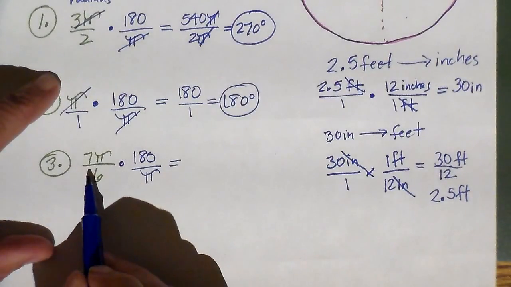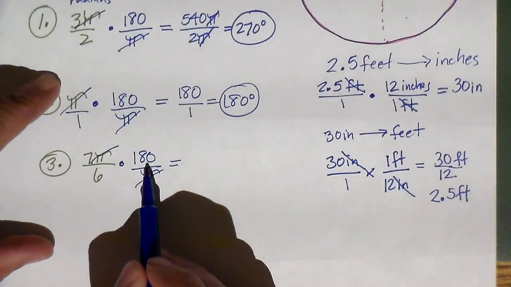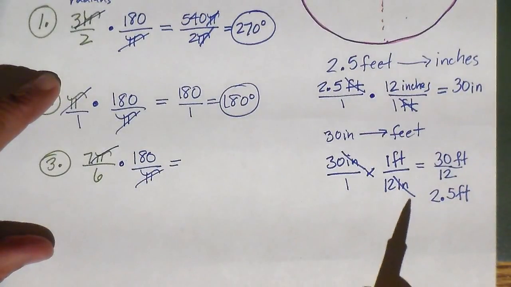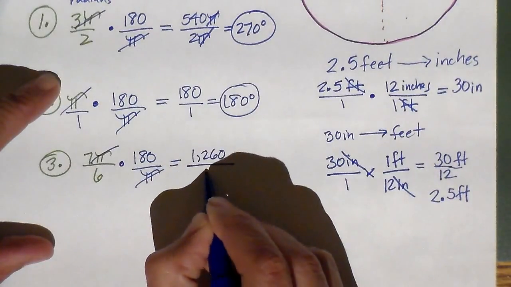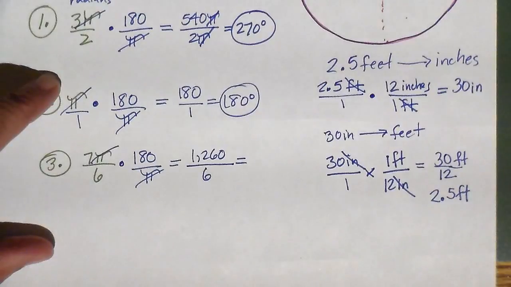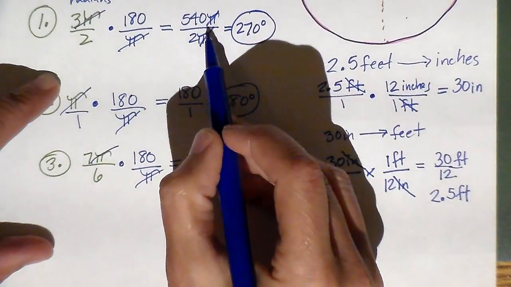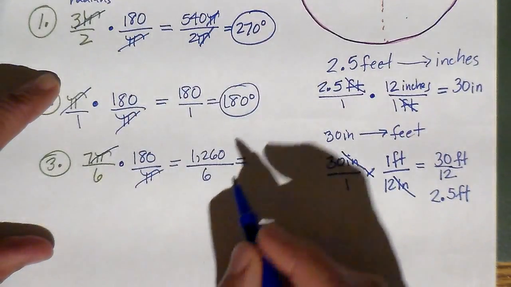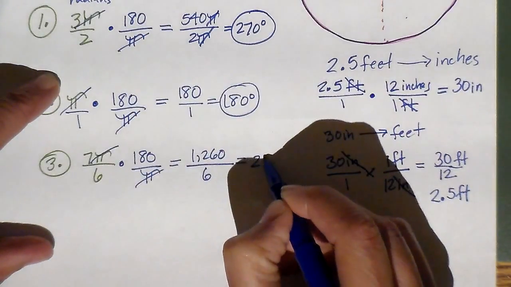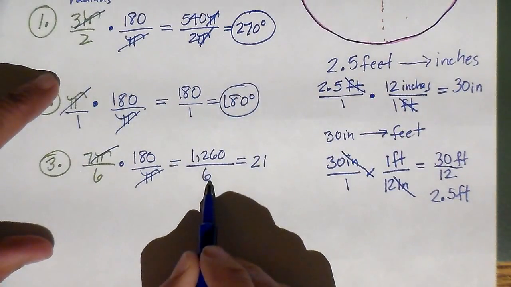So what I'm going to do here is I'm going to look at what can cancel out the pi's. So I have 7 times 180, so that's 1,260. And on the bottom we have 6. Again, the pi's go away. I wrote them out for you up here just in case you felt like you needed to go ahead and write them out and cancel them here, but you can cancel them ahead of time. 6 goes into 12 how many times?